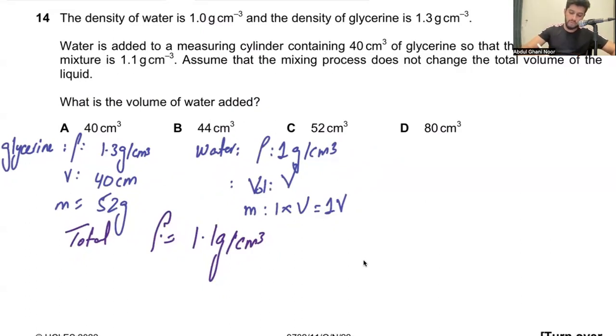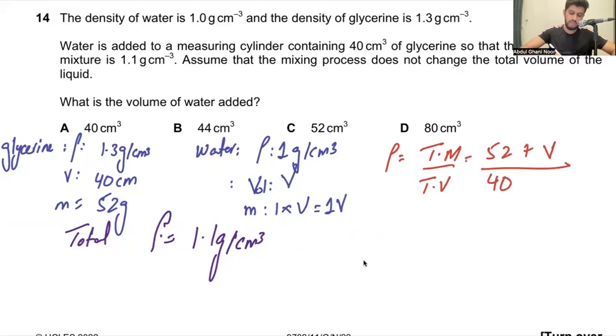The only way to solve this is to use the formula for density, which is total mass divided by total volume. Total mass is 52 plus V. Total volume is 40 centimeter cube plus V centimeter cube. And that gives you the total density as 1.1.